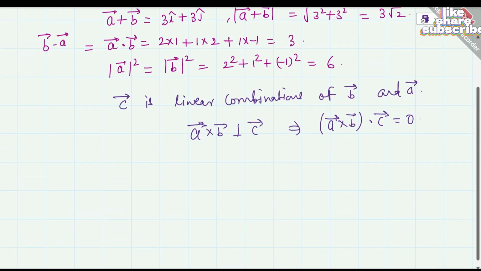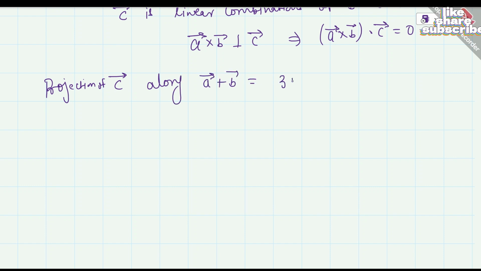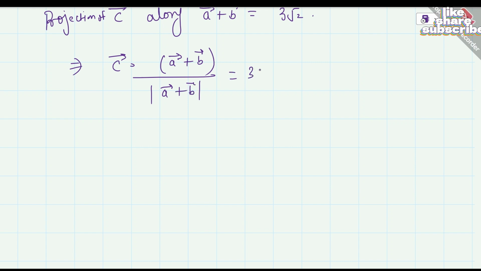Also, since it is given that the projection of vector C along A plus B is equal to 3 root 2, by the formula, C dot A plus B over modulus of A plus B is equal to 3 root 2.